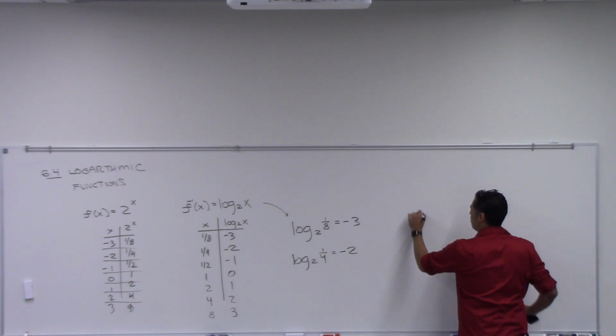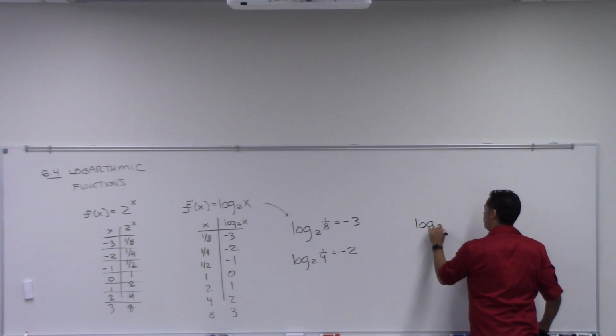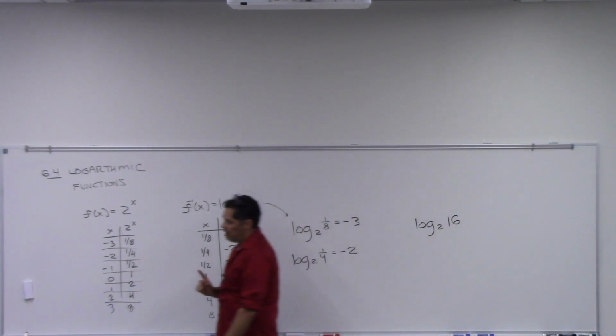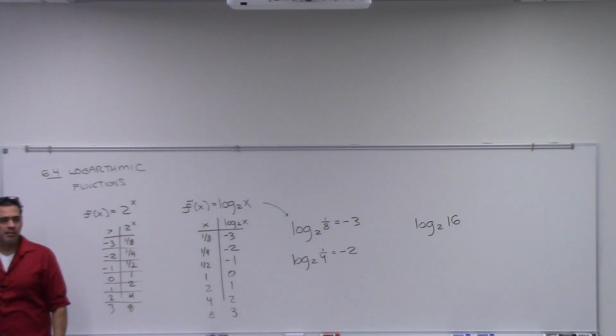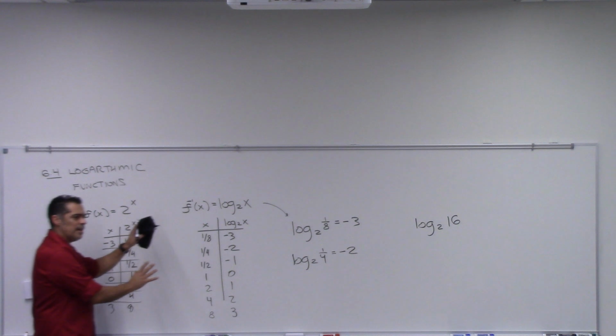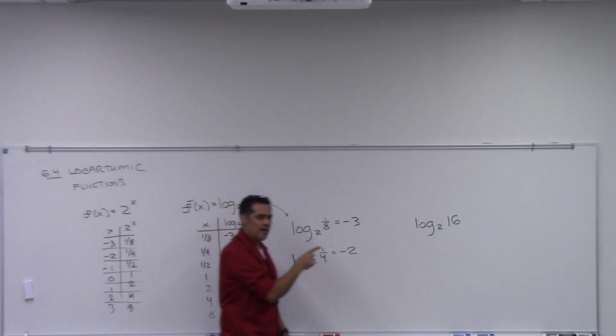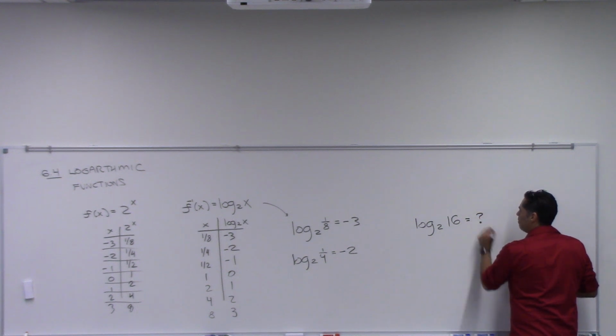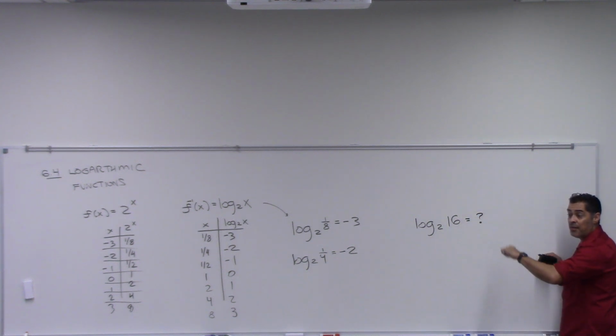But what about this question? What is log base 2 of 16? That's not on your table, is it? However, without looking at this, we can still figure this out. Because what does this really mean? We want to know what this is. Think of the loop.